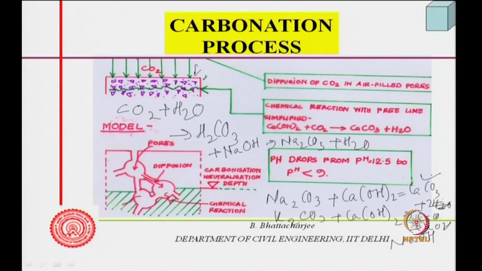In other words, calcium carbonate is formed, and if we write it straight away, the simple reaction is calcium hydroxide plus carbon dioxide in the presence of water would form calcium carbonate and water.